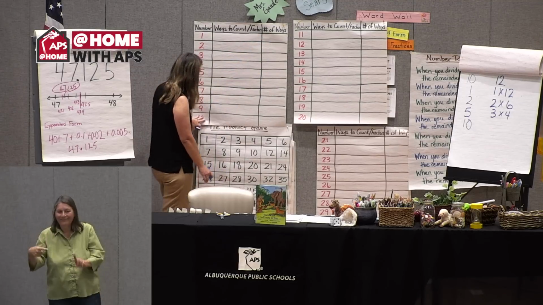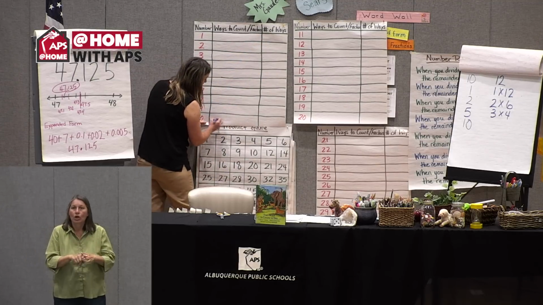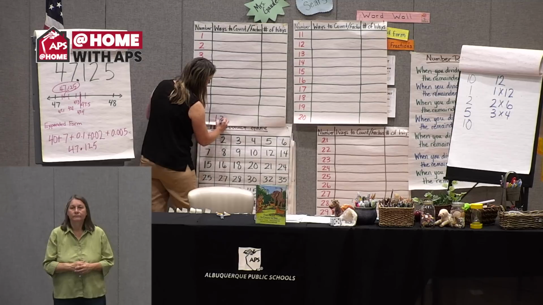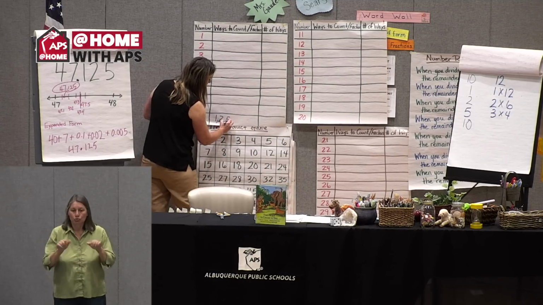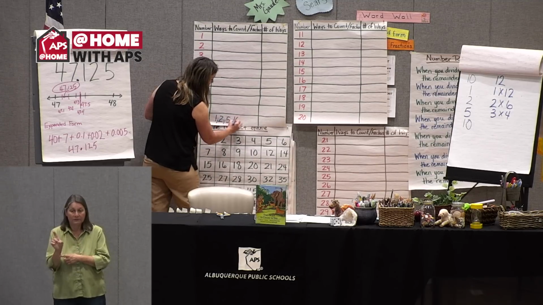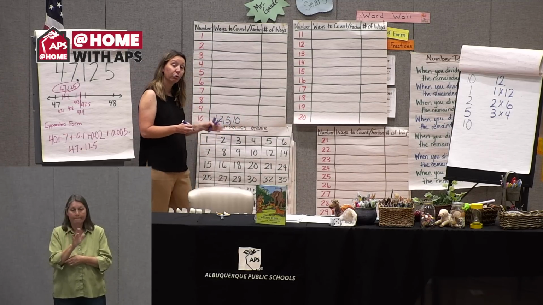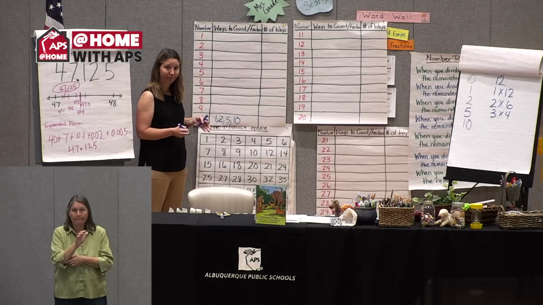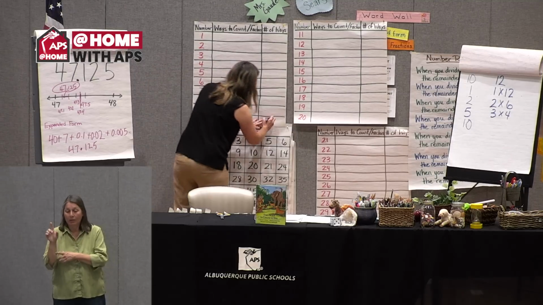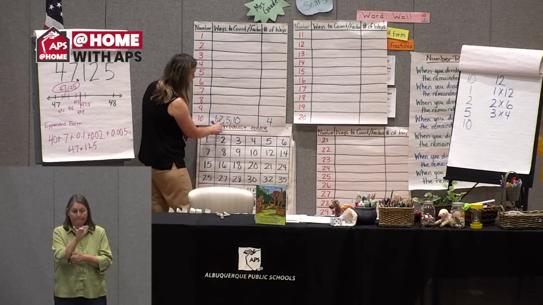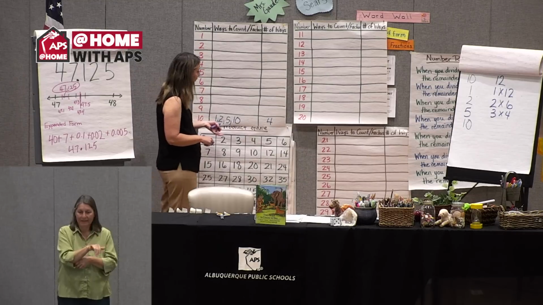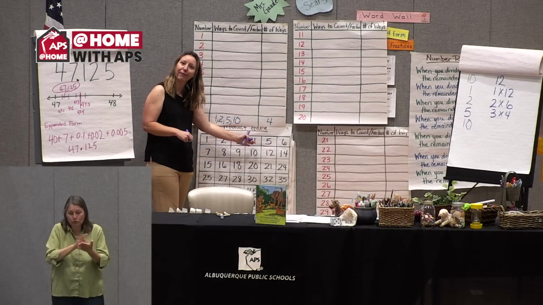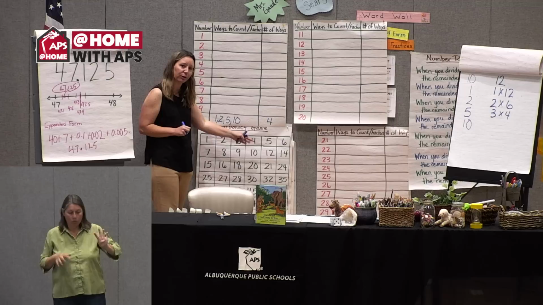So if I was to start with 10, I would have my 1, my 2, my 5, and my 10. And then how many ways would I be able to count to 10? 4, right? So we have the 1, 2, 3, 4 of them. There's 4 ways, or 4 factors.